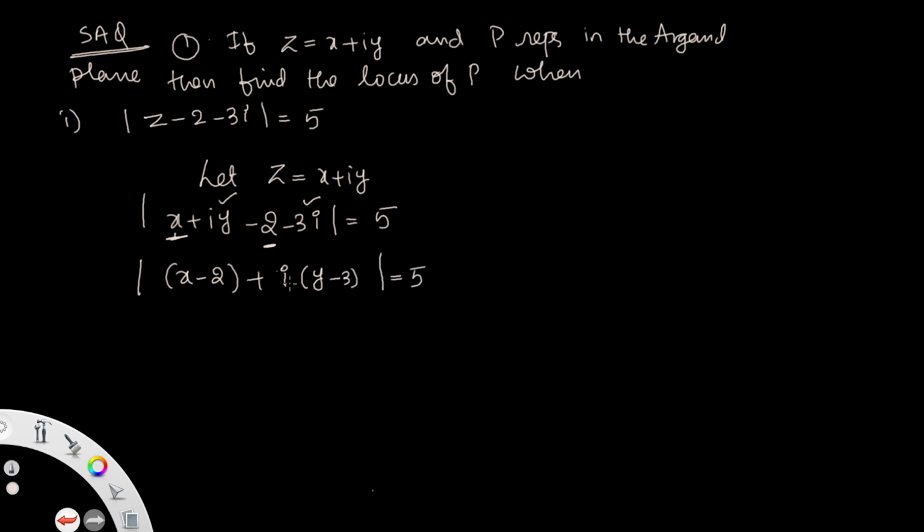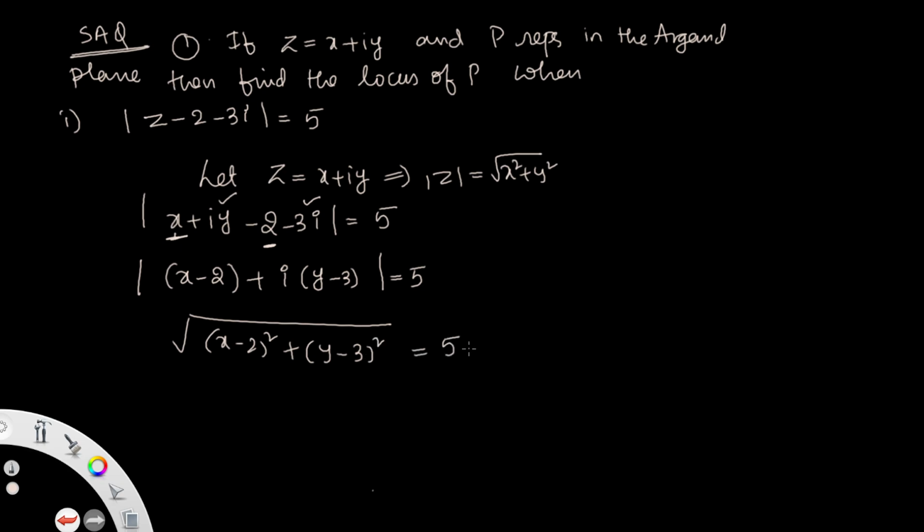Now it is in the form of x plus iy, where x is x minus 2 and y is y minus 3. Mod z equals root of x square plus y square. Therefore root over x minus 2 whole square plus y minus 3 whole square equal to 5. Squaring on both sides, x minus 2 whole square plus y minus 3 whole square equal to 25.